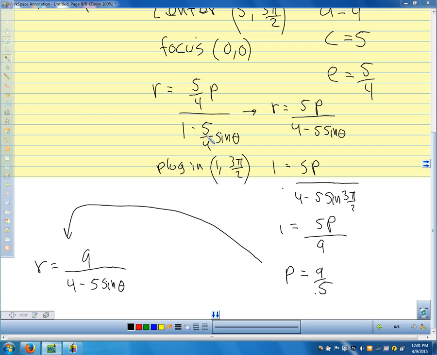How about the solar system? The orbits of planets are elliptical. The sun is at one focus. It's much easier to describe the orbits of planets using polar coordinates with the sun at a focus. That's the origin of your coordinate system. And you write your equations of your orbits in polar coordinates. So that's one application.